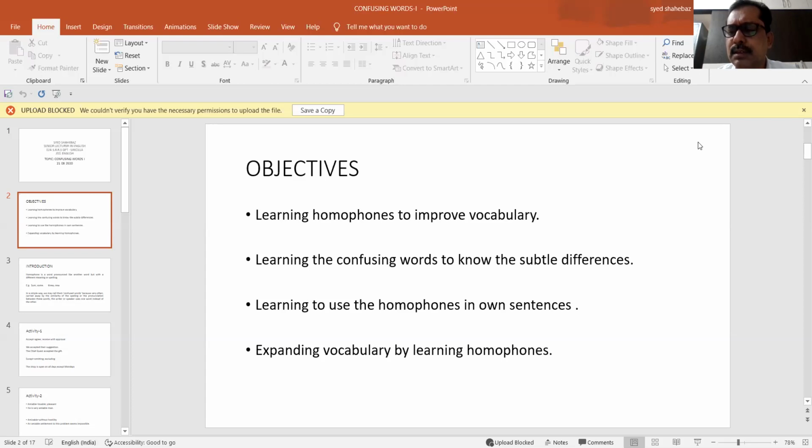In the second place, they have to use these homophones in one's own sentences. Expanding vocabulary by learning homophones: expanding the base of students' vocabulary by learning these homophones. These are the objectives of the lesson. Confusing words.